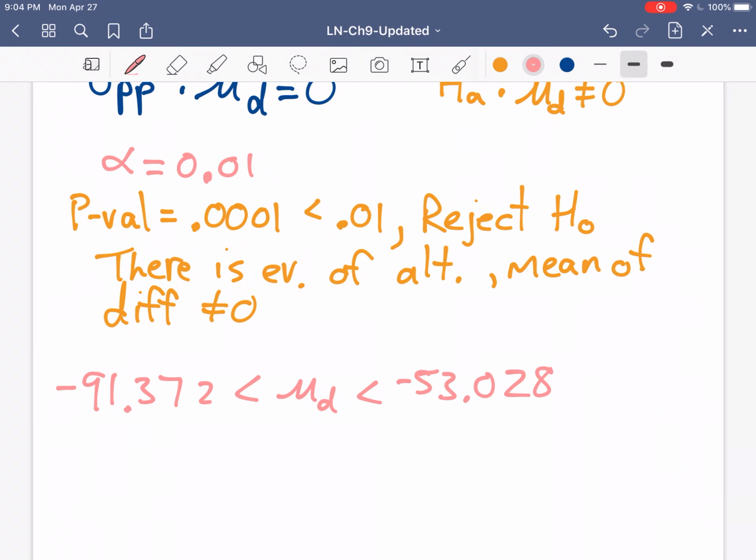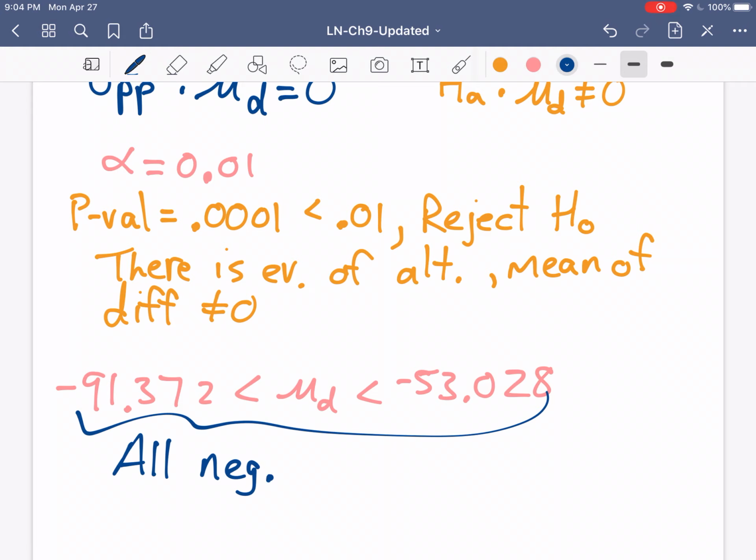Notice that these are all negative. So that entire confidence interval is negative. So the first value appears to be less.